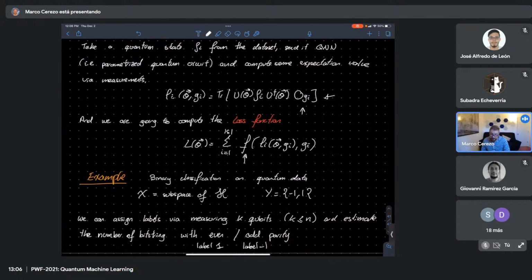This is still not within this framework. What we're going to say is that let's try to write this into this form right here.